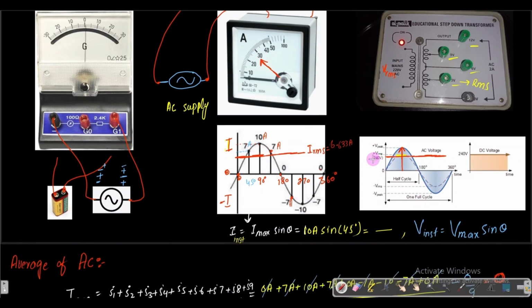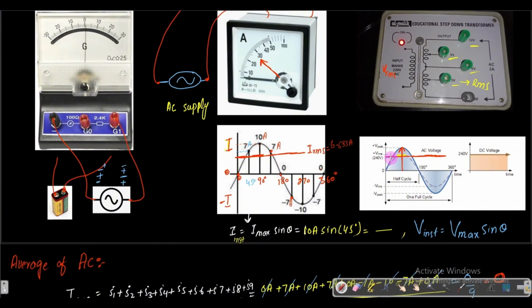Let's say we have in our home the AC supply, the voltage is about 240 volt. This is the RMS value. This is not the peak value. The peak value will be more than that. This RMS value will be 70.7% of the peak.